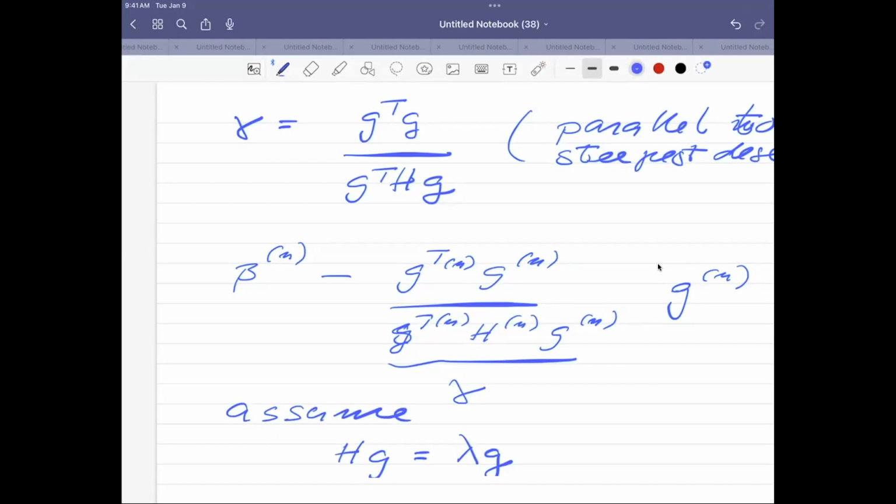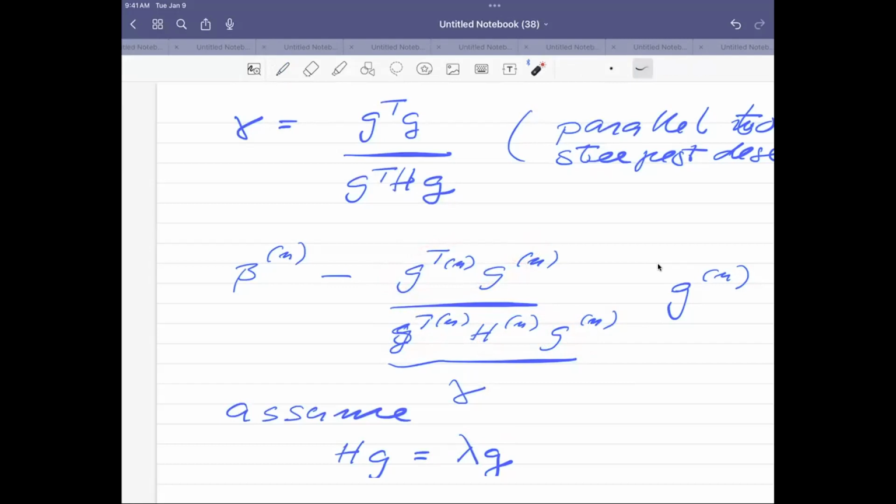Then we know that G is an orthogonal basis. If I take G transpose times G, that's an inner product. I also have H times G in the denominator here, so that becomes just a constant times G. Then I have G transpose G, an inner product, and an inner product here, so they cancel each other.